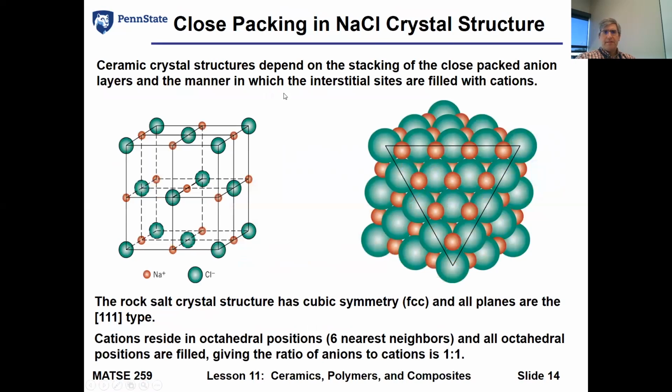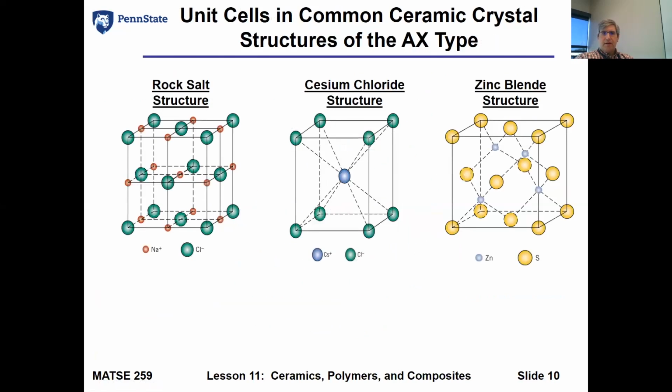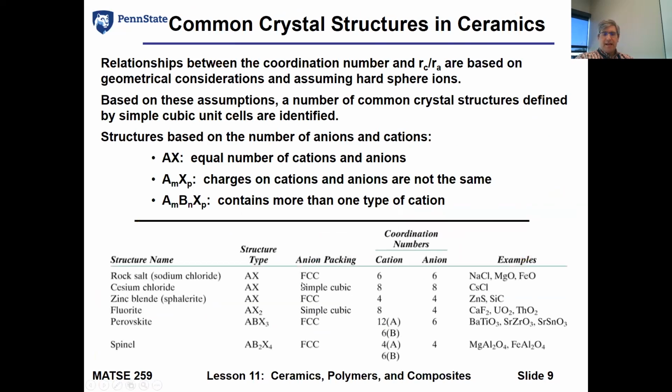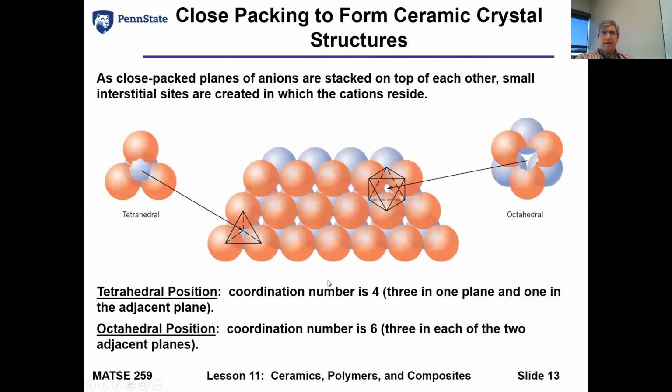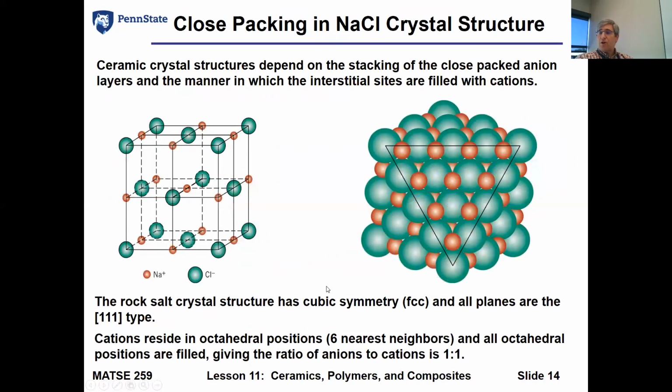So, going back to the sodium chloride structure, these ceramic structures depend on the stacking of these close packed ions. We saw that in an FCC structure, and if we go back to the rock salt structure, the anion packing is already FCC, so we know it's going to be close packed. We start with that type of FCC anion structure.